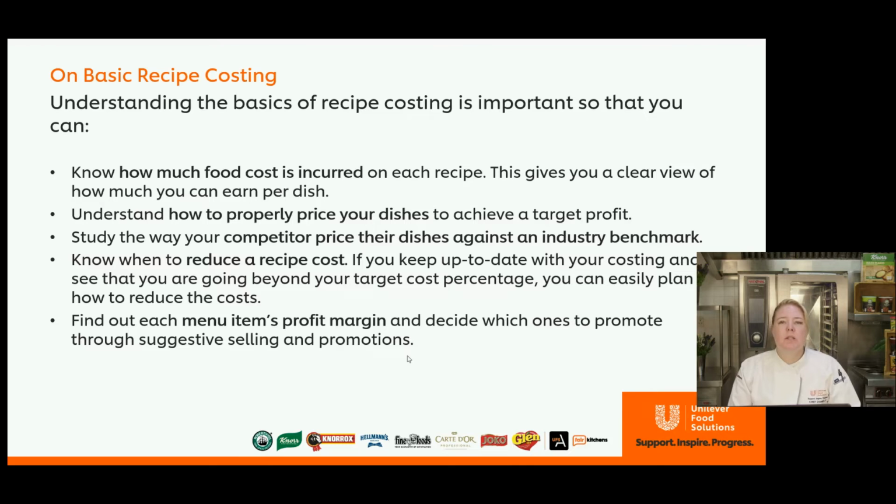It's good to always tell your front of house and your waiters to push that menu item because, of course, you make more money from it. And also, when you've made quite a lot of one menu item and you need to get rid of it quite quickly because it's coming close to its sell-by date, it's easy to tell your front of house staff to push that for you.